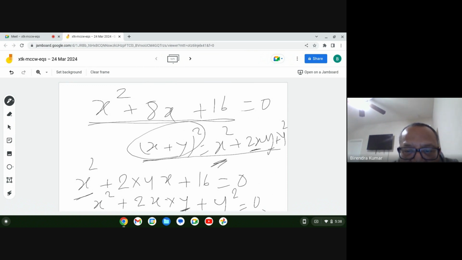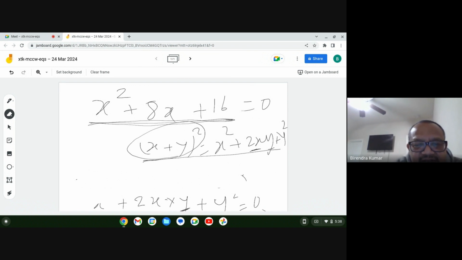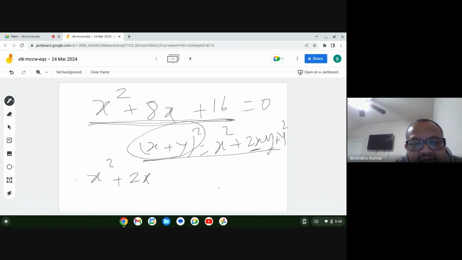So I can write this equation as x square plus 2x into 4 plus 4 square equals 0. I'm putting a dot for the product here because x into x and the multiplication sign look the same.